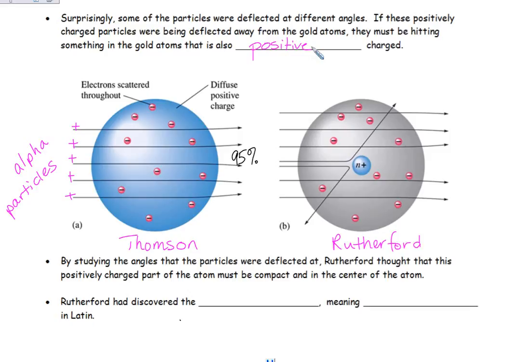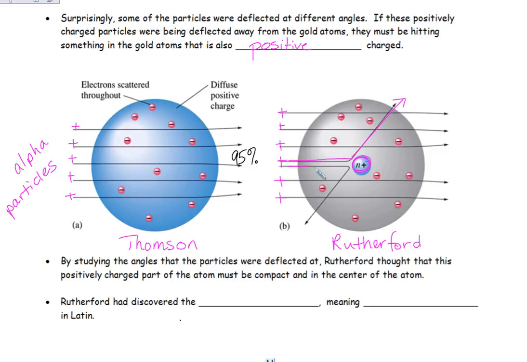Because now that would explain some of these little alpha particles. Again, these are all the positive alpha particles. If a positive alpha particle hit another positively charged particle, they would repel. And so depending on exactly where the alpha particle hit, that would determine the angle of deflection.